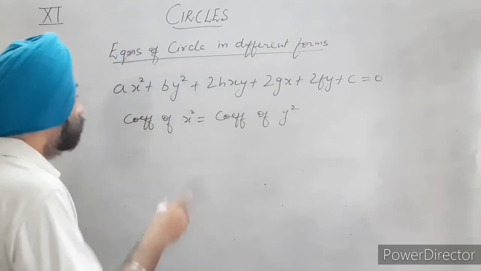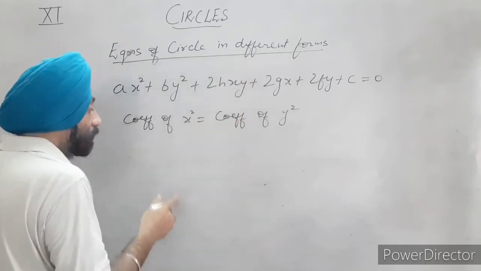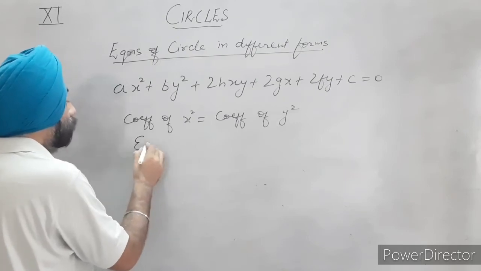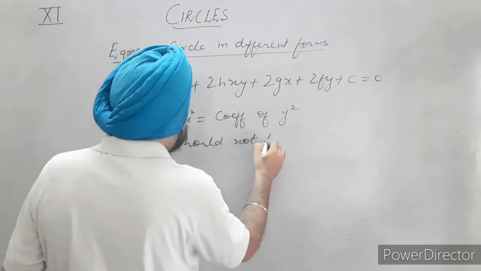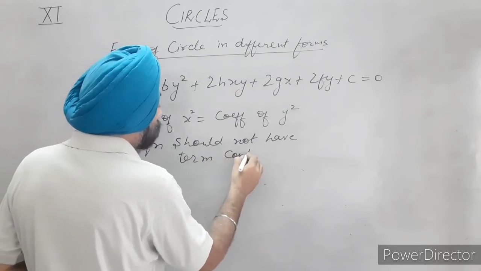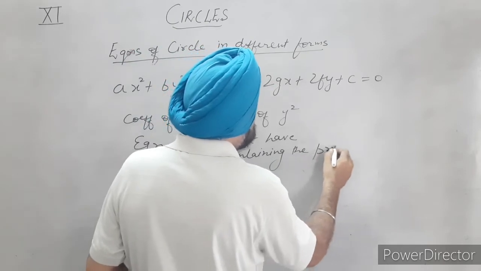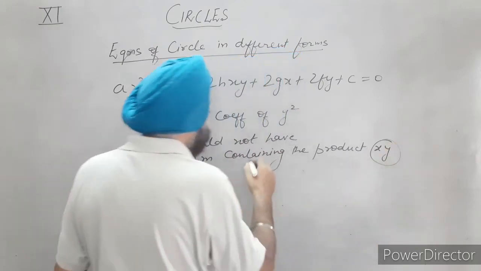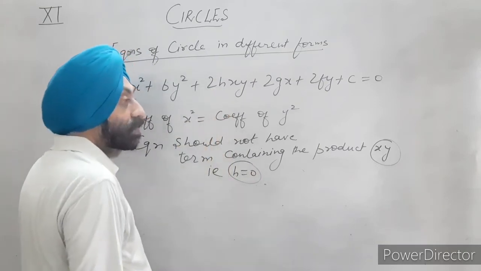And next, the equation should not have a term containing the product of x and y. That means h should be equal to 0.